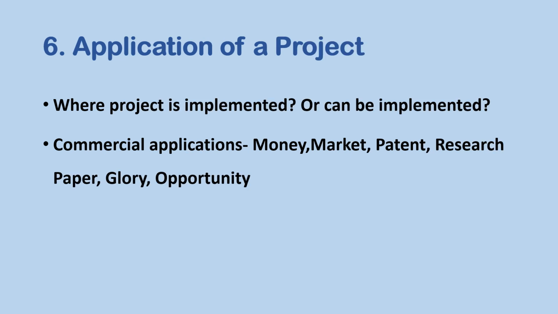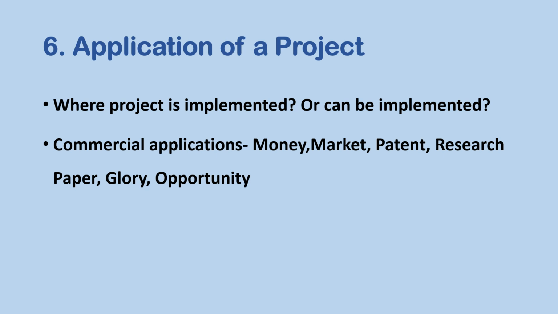The point number 6 is application of a project, means where the project is implemented by you or where it can be implemented. You need to explain where your project can be implemented in a clear way.